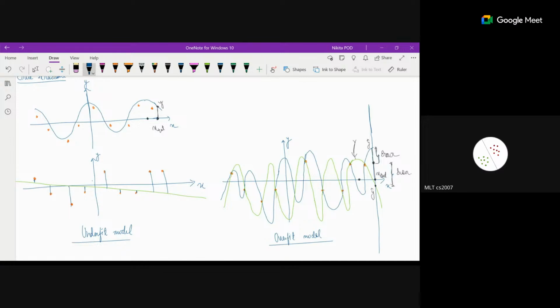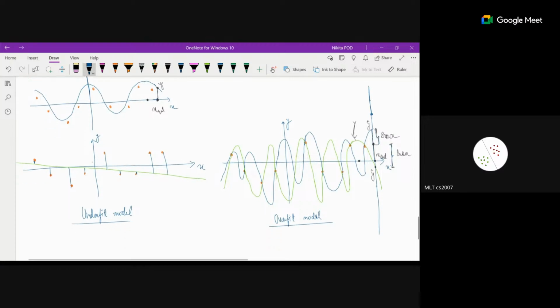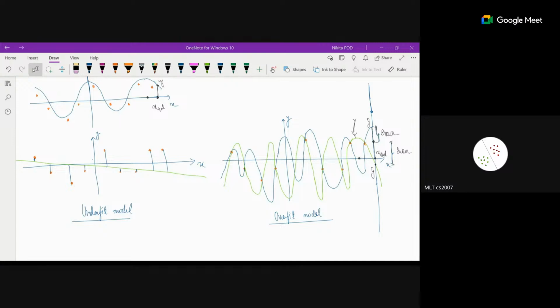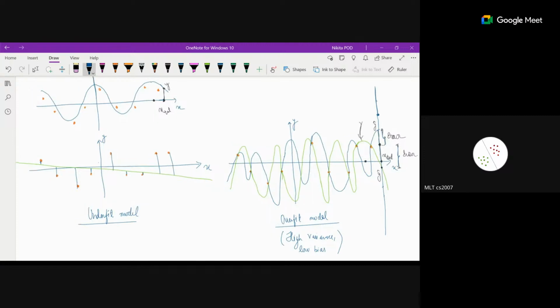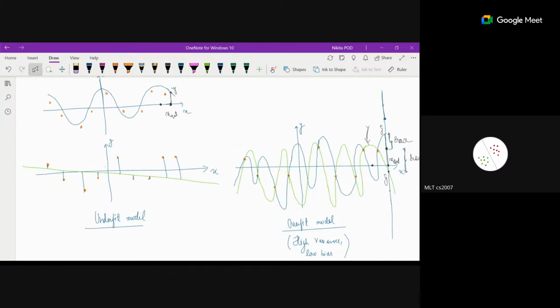For some other curve that is fit, my Y hat can come here, or here, it can come anywhere because we are overfitting the model. So in the overfit model, you have a very high variance. An overfit model will have high variance but low bias. Why low bias? Because you are somewhere maintaining the structure. Since you're maintaining the structure, the bias is low, but the variance is quite high.